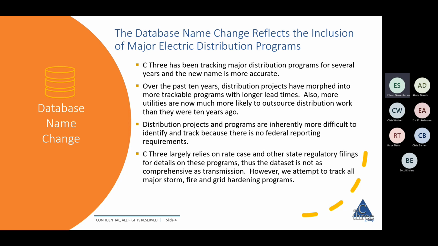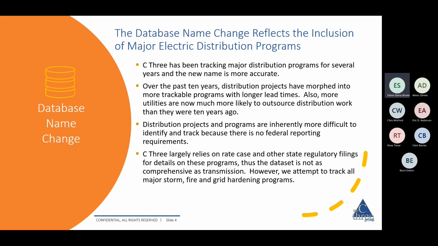Previously, when we had started the database, distribution level work did not have a very long lead time, so being able to report and capture that information was difficult. Also, a lot of the distribution program information was not as publicly available.